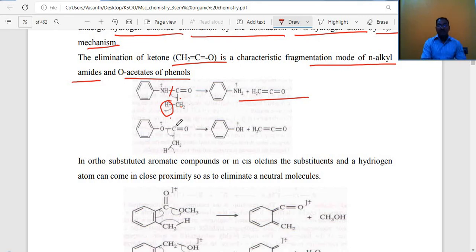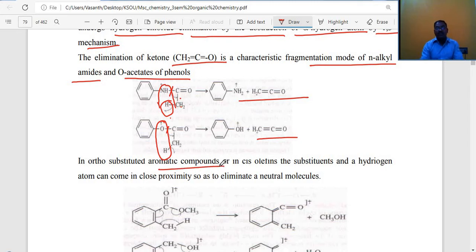There is also breaking of this bond, because this oxygen is gaining this. What happened? Here N is also gaining this hydrogen. What happened here? CH2, C double bond O.